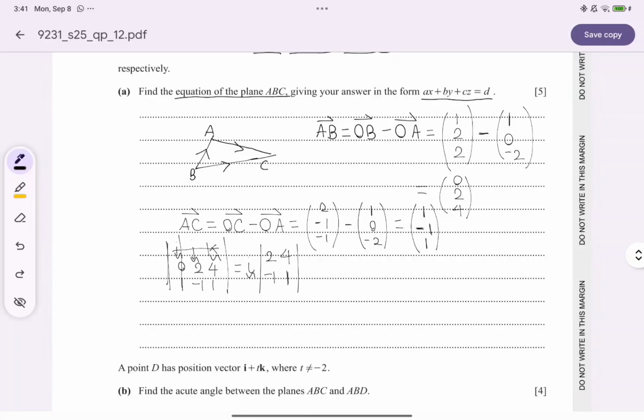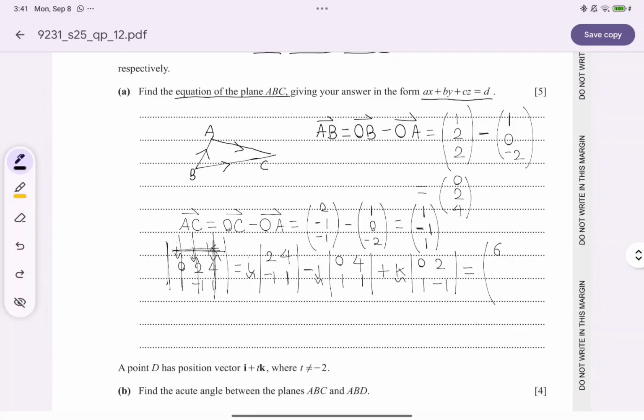And now minus j times the determinant of this. So it will be 0, 4, 1, 1. And then plus k, the determinant of 0, 2, 1, negative 1. So the determinant of the first is 2 minus negative 4, that is 6.